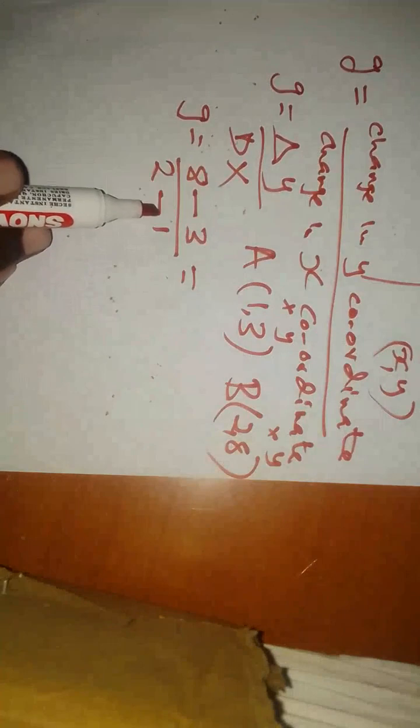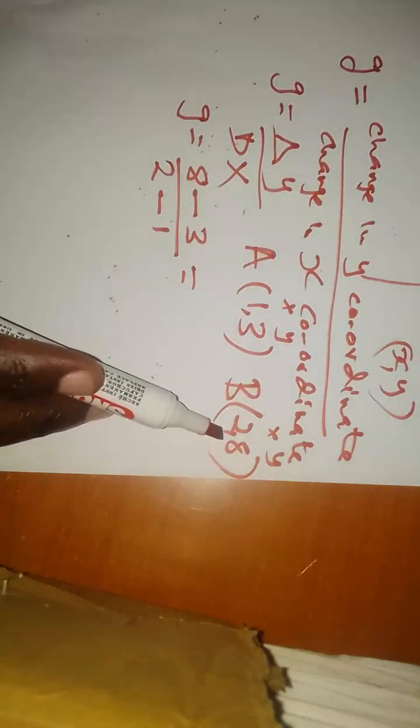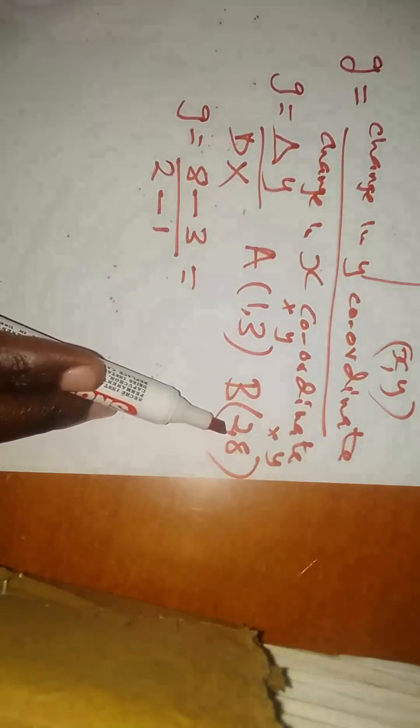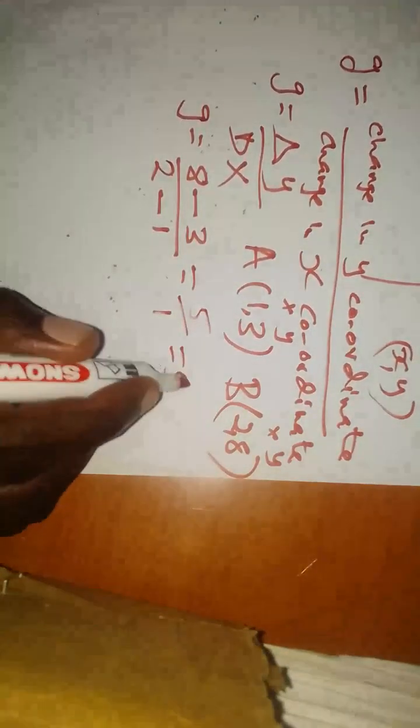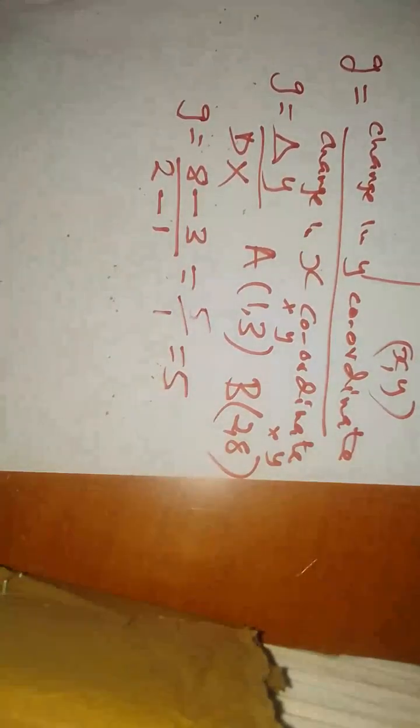Then the change in x coordinate will be the x coordinate of point B, which is 2, minus the x coordinate of point A, which is 1. So the gradient is 8 minus 3, which is 5, over 2 minus 1, which is 1. So that means the gradient of line AB is 5.